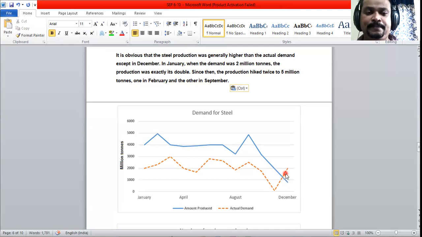In January, when the demand was 2 million tons, there is a problem here. It's not 2 million tons, it's 2,000 million tons.